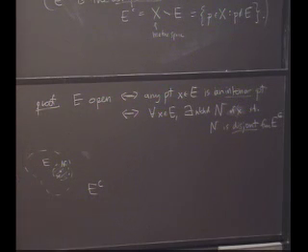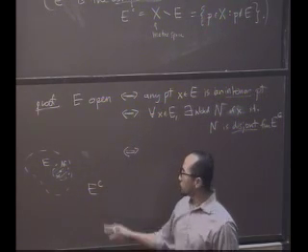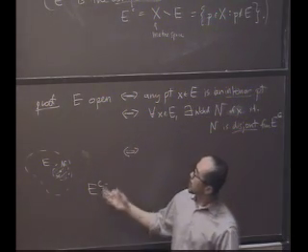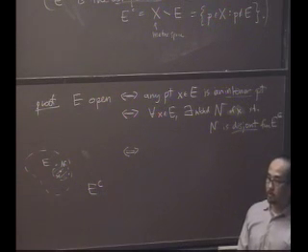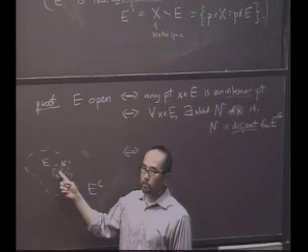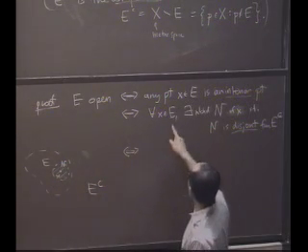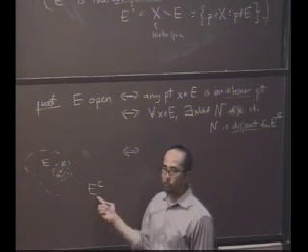Are you with me? All right, good. Now what? Help me. What's my goal? My goal is to show that E complement contains all its limit points. And I've just picked a point that's not in E complement. For any point not in E complement, it has a neighborhood that completely separates it from E complement.